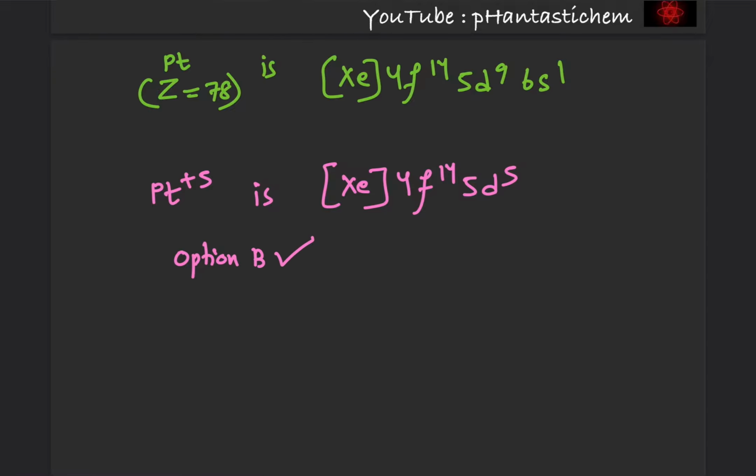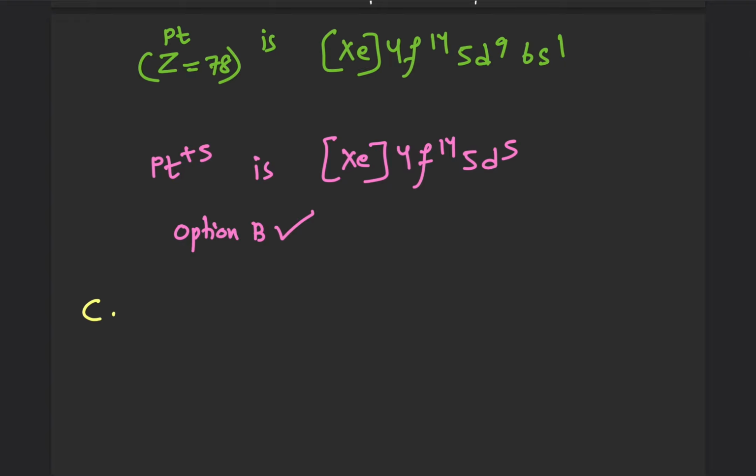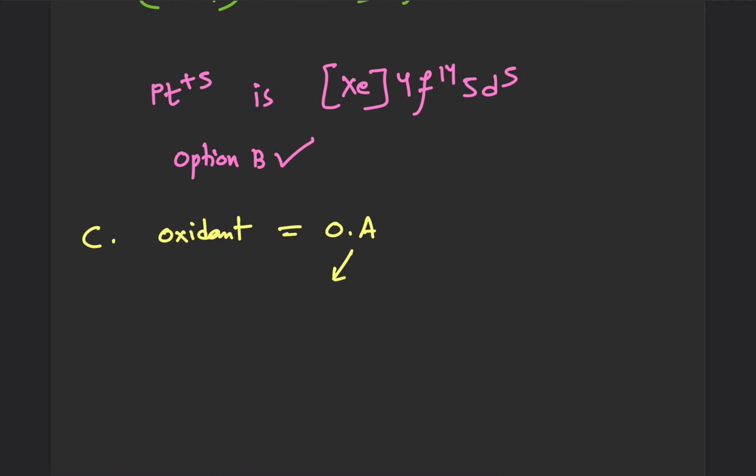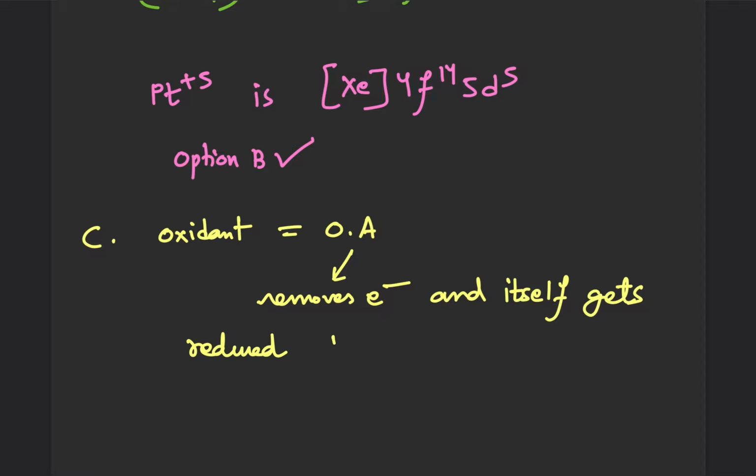Now coming to statement C, which says that PtF6 acts as an oxidant in this reaction. Oxidant is the other name for oxidizing agent, very important. An oxidizing agent removes electrons and itself gets reduced by gaining those electrons.